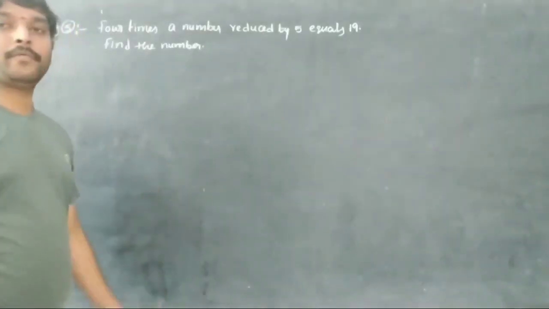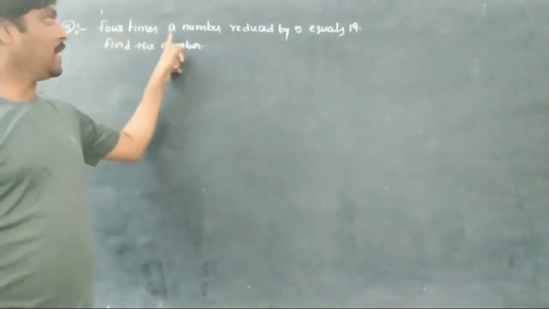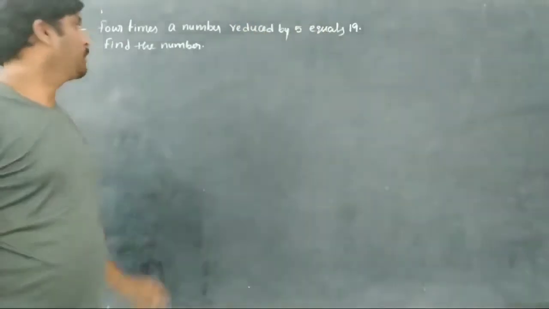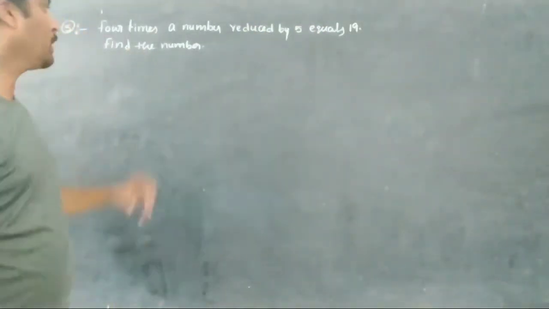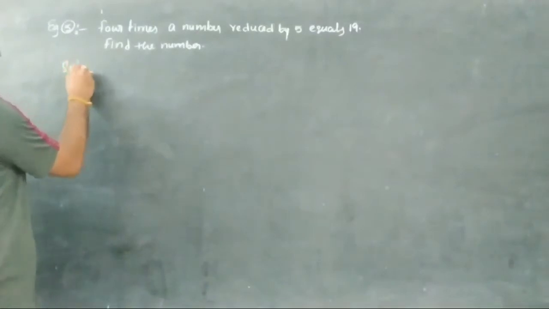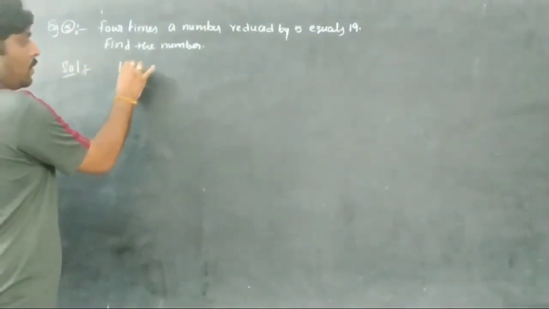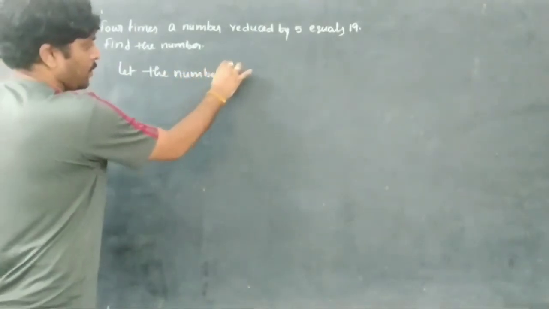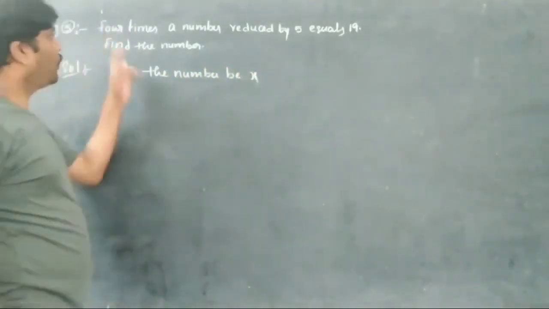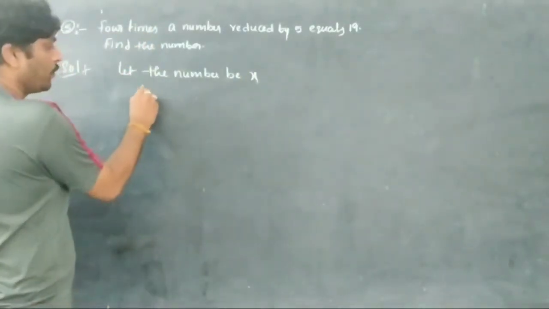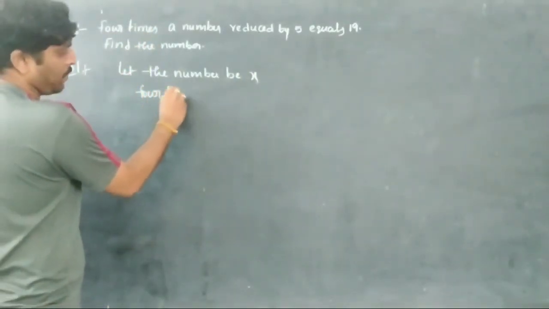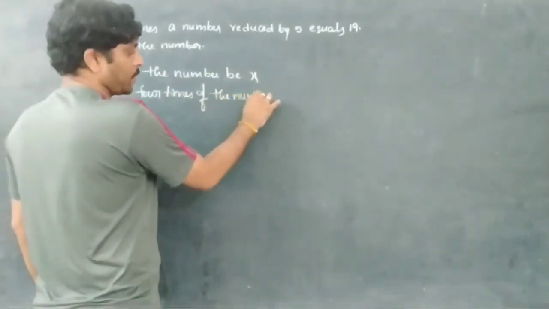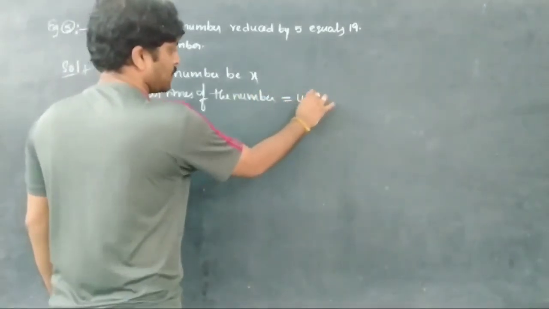Now, example number 5. 4 times a number reduced by 5 is equal to 19. Find the number. We don't know the number. Now, let us start the solution. Let the required number be x. 4 times the number, that is 4x.